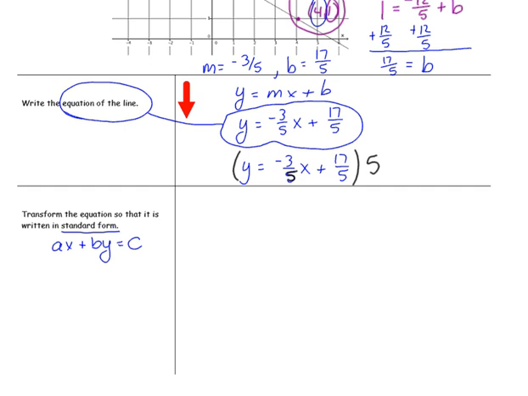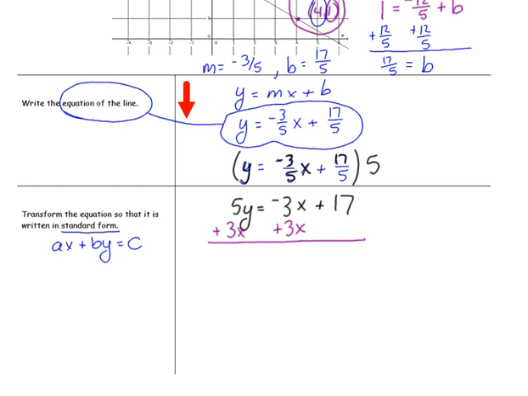This will give us 5y equals -3x plus 17. Now add 3x to both sides of the equation.